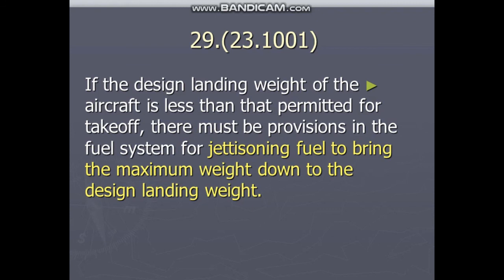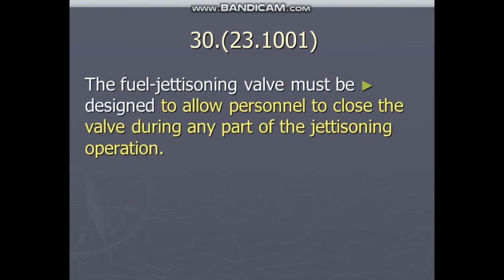If the design landing weight of the aircraft is less than that permitted for takeoff, there must be provisions in the fuel system for jettisoning fuel to bring the maximum weight down to the design landing weight. Number 30. The fuel jettisoning valve must be designed to allow personnel to close the valve during any part of the jettisoning operation.